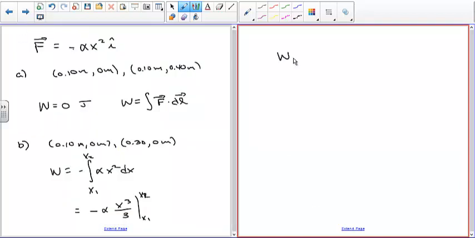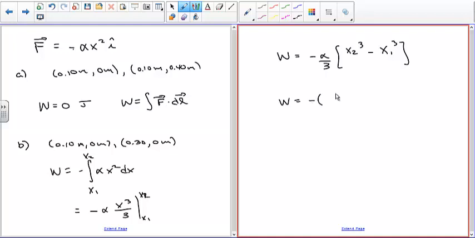So the work going from here to here is negative alpha over 3 times x2 cubed minus x1 cubed. That's x cubed evaluated at the two values of x.